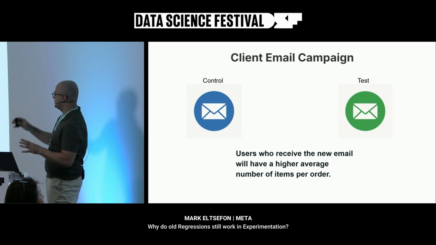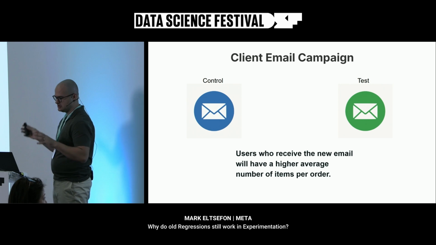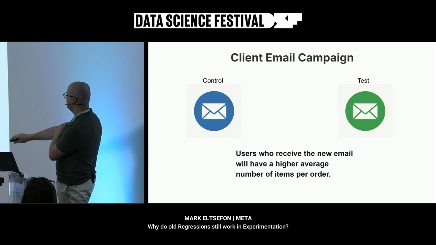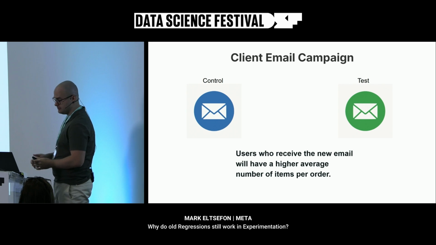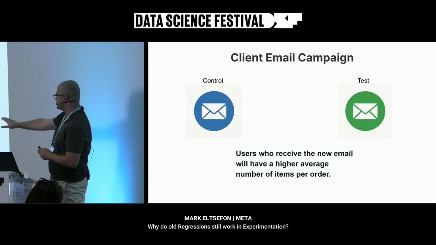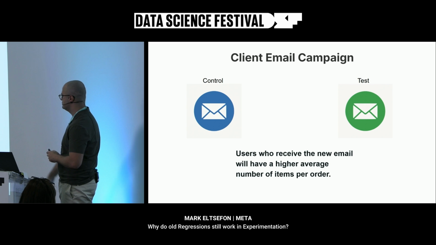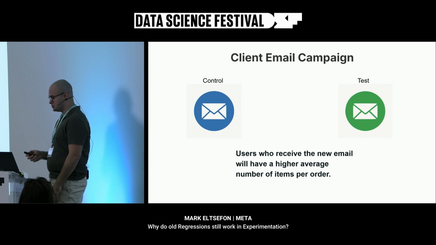Obviously we have some control, so we already send it and test. We built a recommendation model, and we included in the email new items that people are looking for. Our hypothesis is pretty simple: users who receive the new email will have a higher average number of items per order. We truly believe in it, and we want to understand if it's true or not.